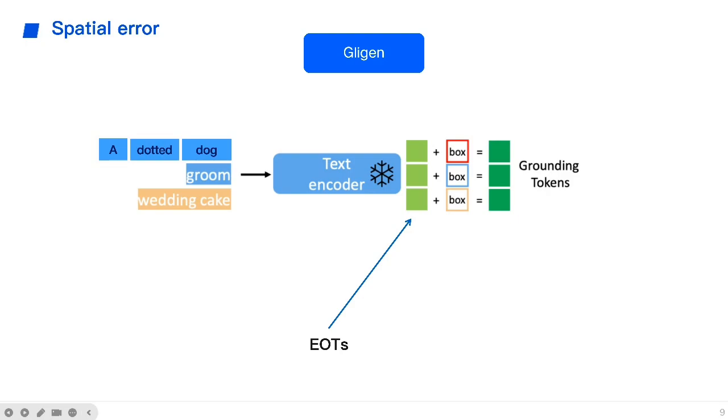What's next? Let's revisit GLIGEN and take a closer look at how it encodes instance-level information. Interestingly, for each instance, GLIGEN only uses a single token, specifically the end-of-text EOT token from the text encoder.